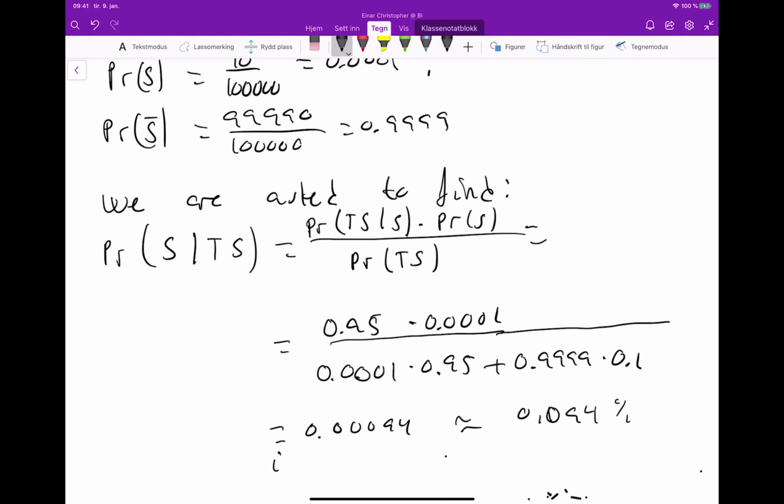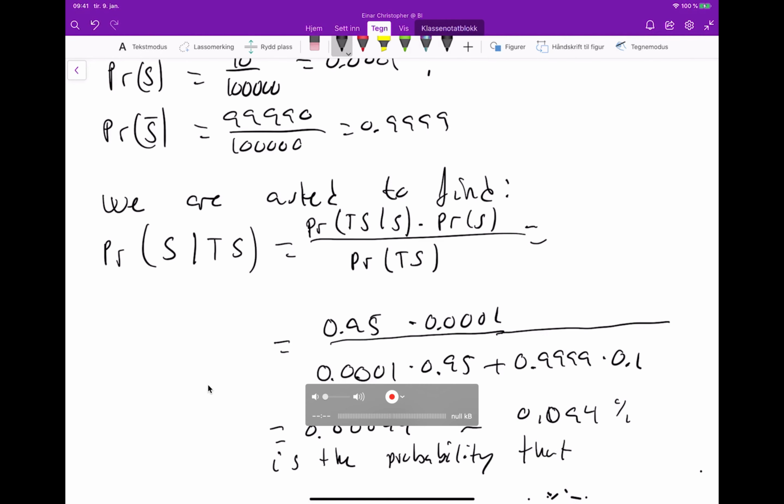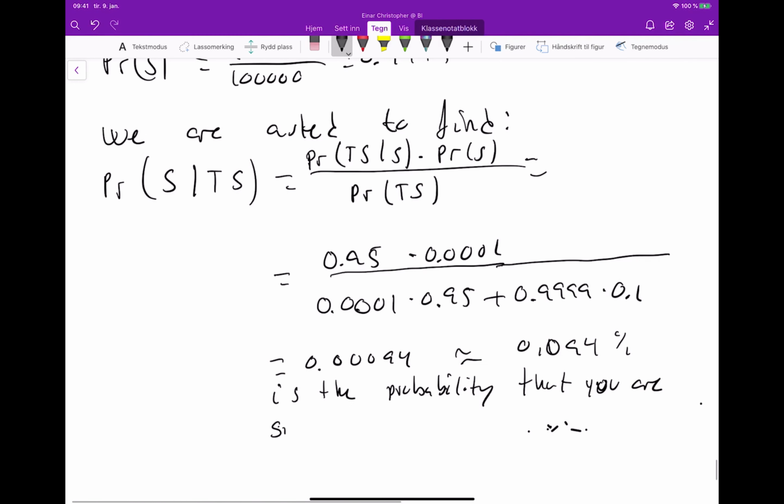Is the probability that you are sick given that the test says so.